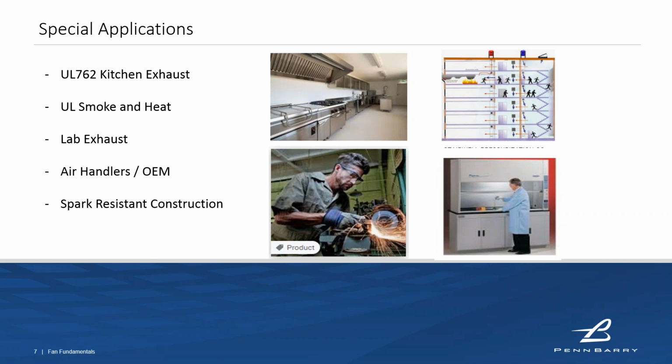Last thing is going to be spark resistant construction. We break that into 3 categories: AMCA A, B, and C, with AMCA A being the most stringent, and that's effectively everything in the airstream is non-ferrous, non-sparking, and you can run just about anything through there.